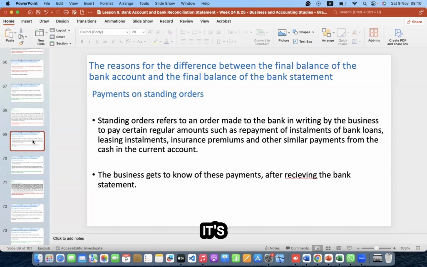Okay, it's like this. Banks have a facility called standing orders. Standing orders means that you can give an instruction to the bank on a particular day for a particular amount to be paid.